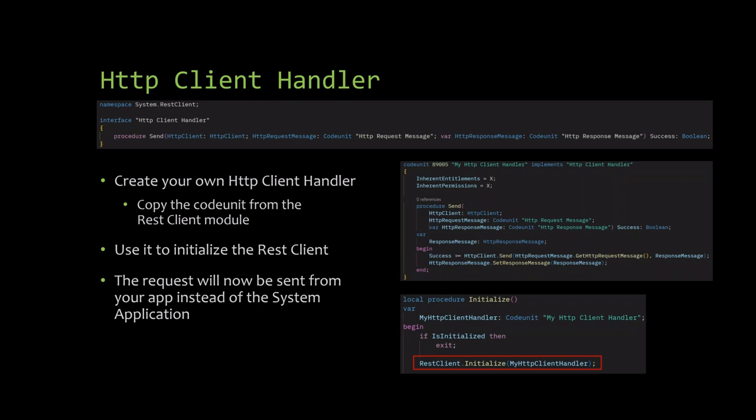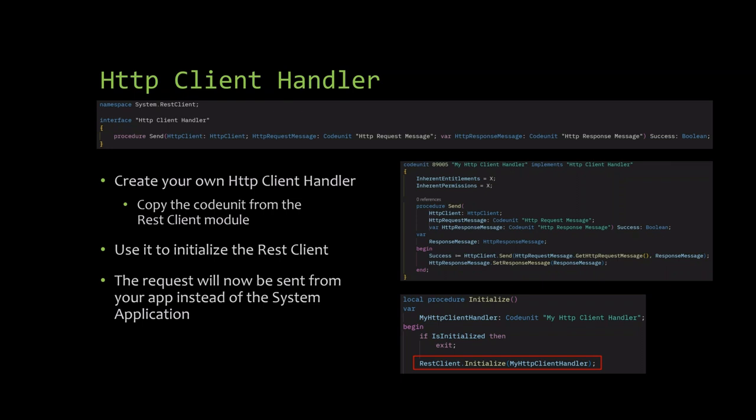But those 2 lines of code are important because now it is your app that is making the actual request. And by adding this to your app, your app will be making the request. So the pop-up for asking permission to make an external request will be only for your app and not for everybody else's.